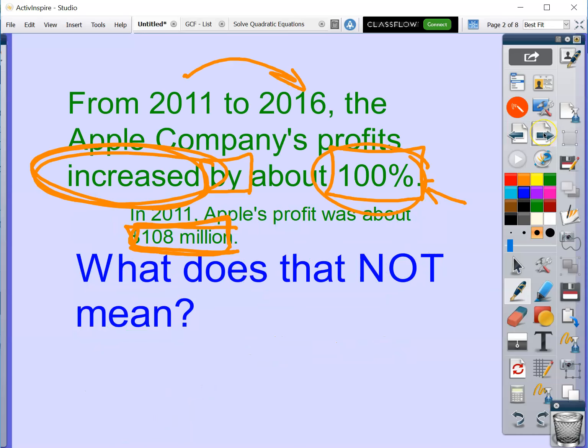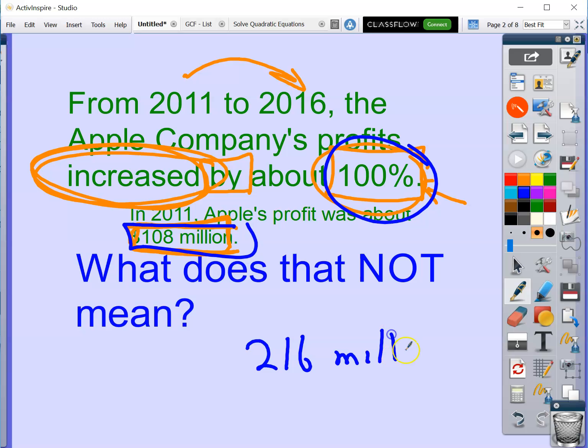So let's look over here at this one. If the increase was 100% of 108, well, 100% of 108, that's easy to do. It's another 108. So it actually went up to 216 million dollars. Okay, fair amount of money.